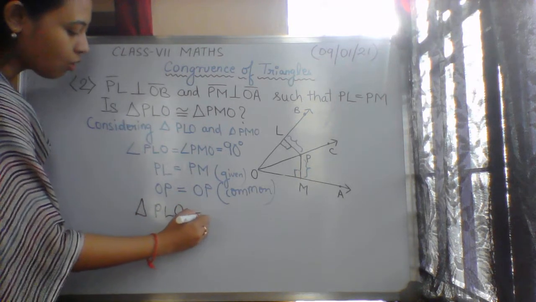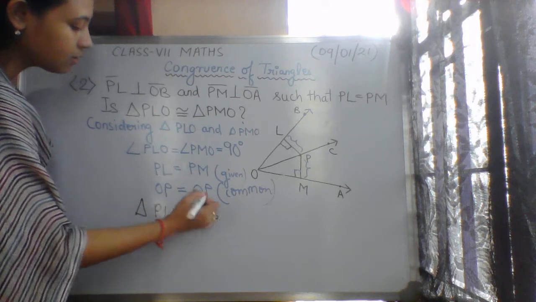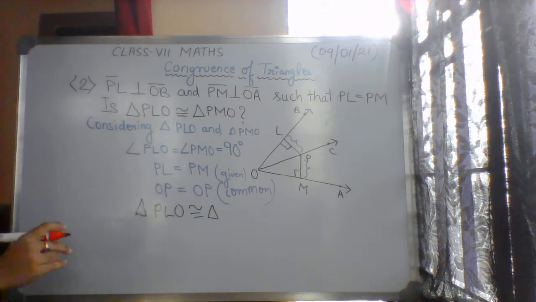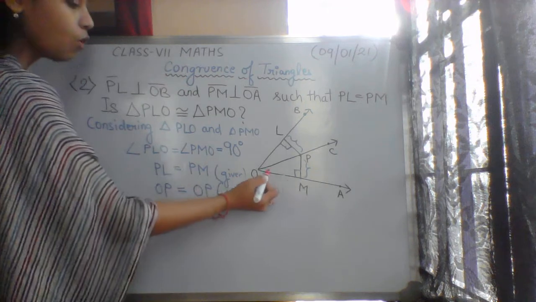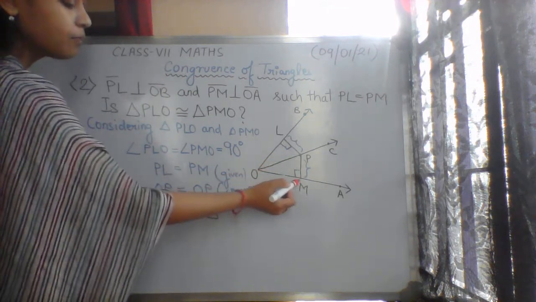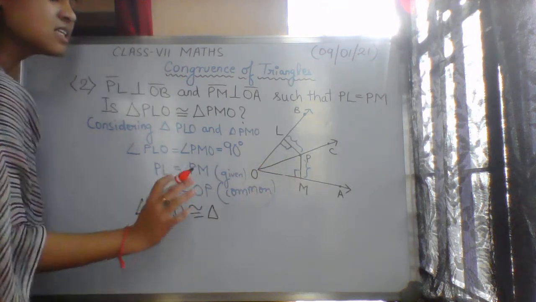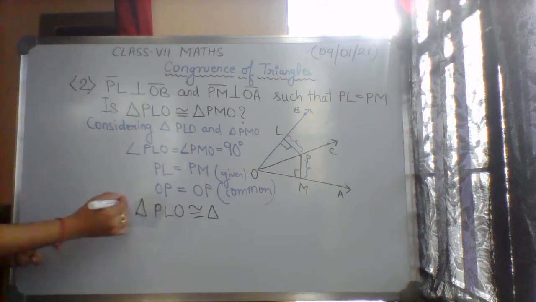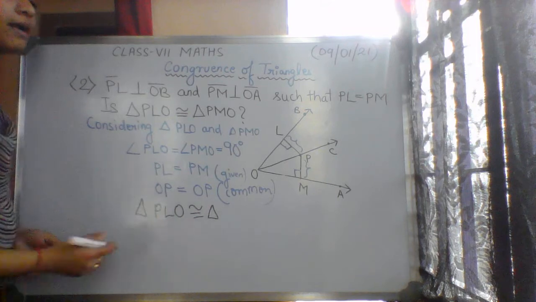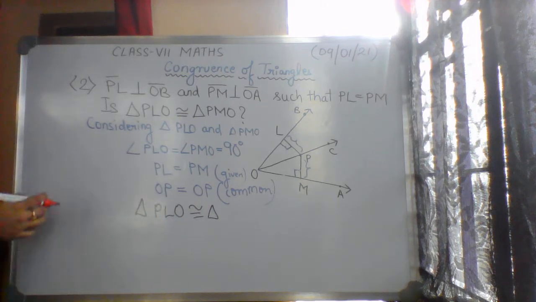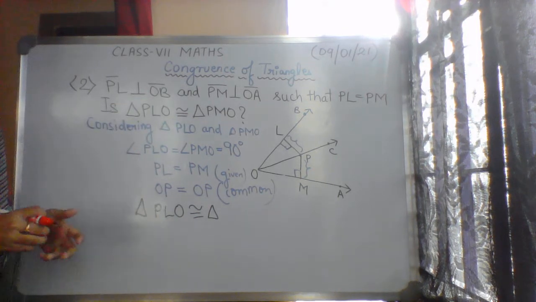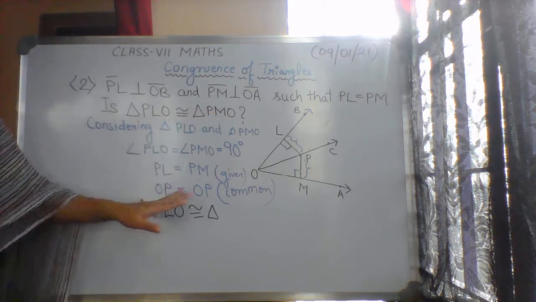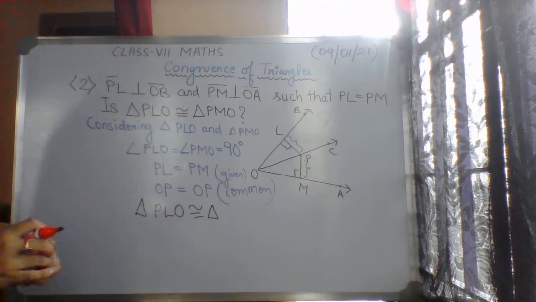PLO is congruent to triangle... now what will I write? Although it is given in the question, and you can see directly from the question, we will try to find out what congruency order we should write here.